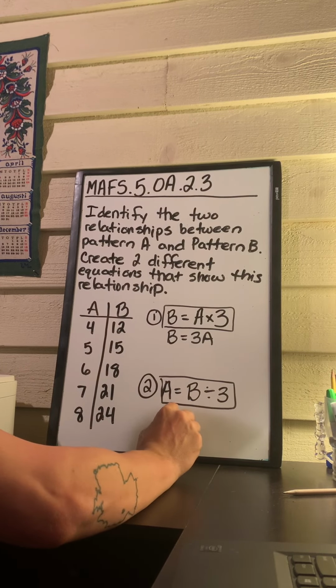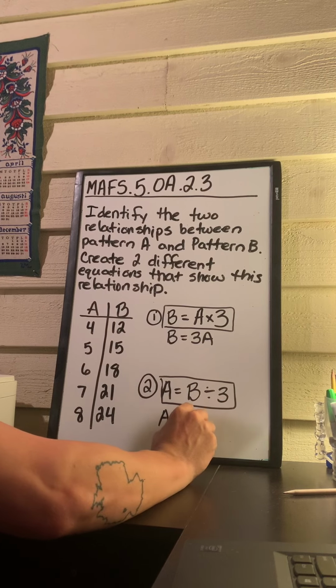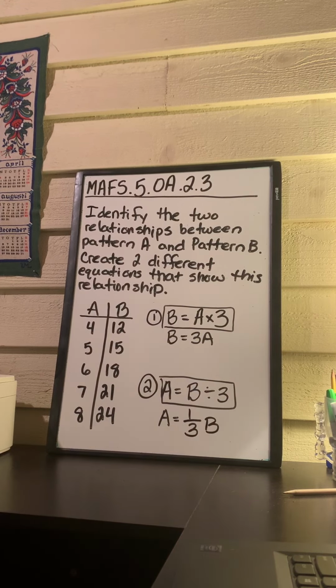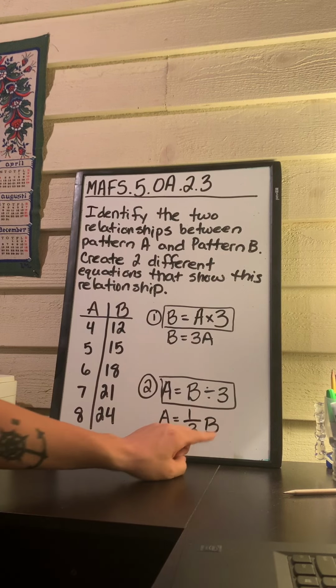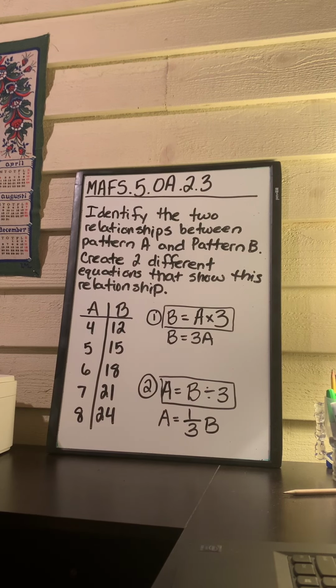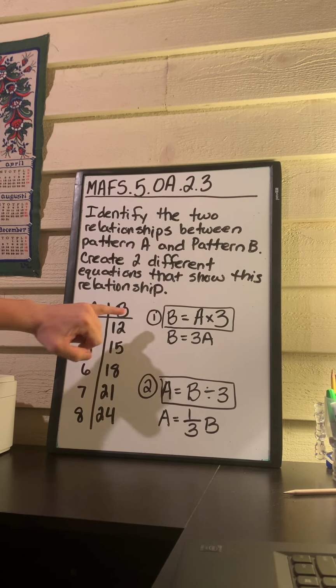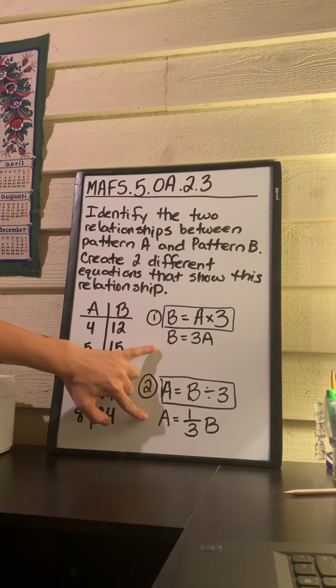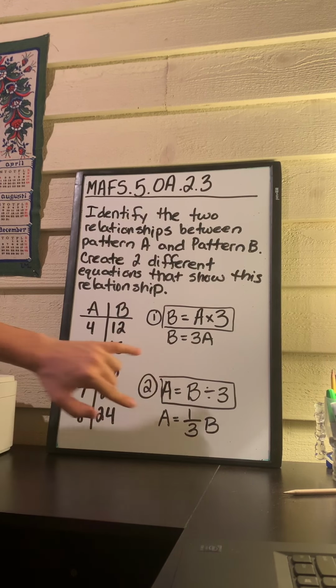This could also look like A equals 1/3 of B, which is the same thing as B divided by 3. So keep that in mind. But the main equations that you can write down and we're looking for are the ones that I have boxed off. Just know that you may see it written this way as well.